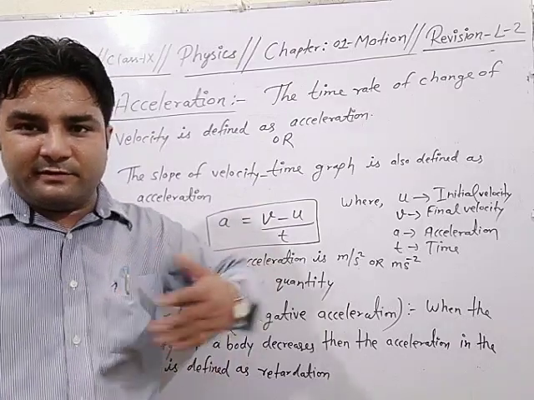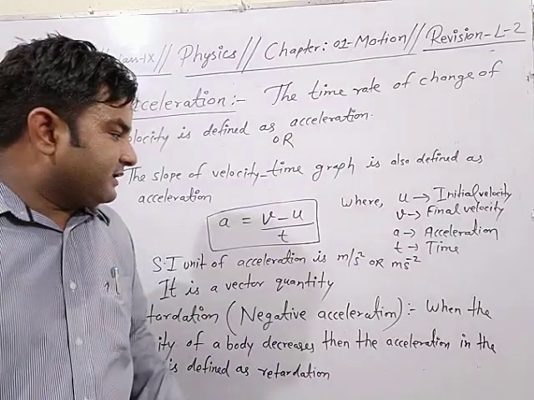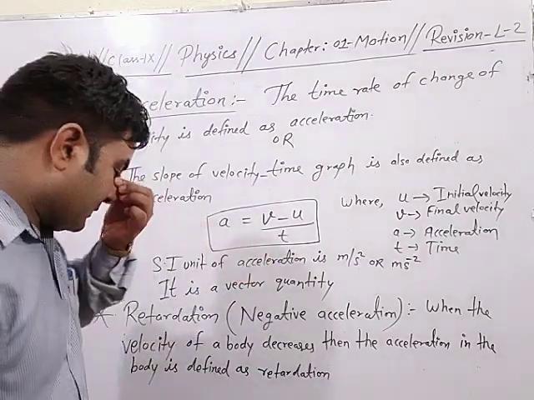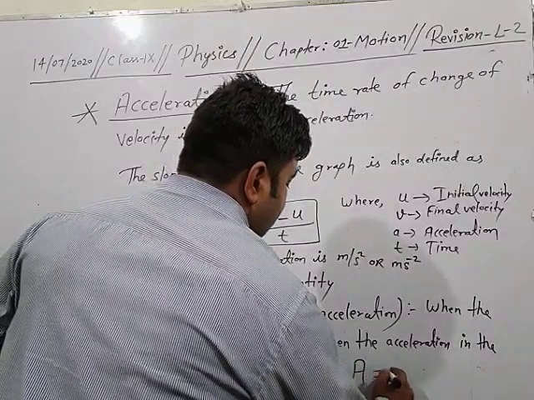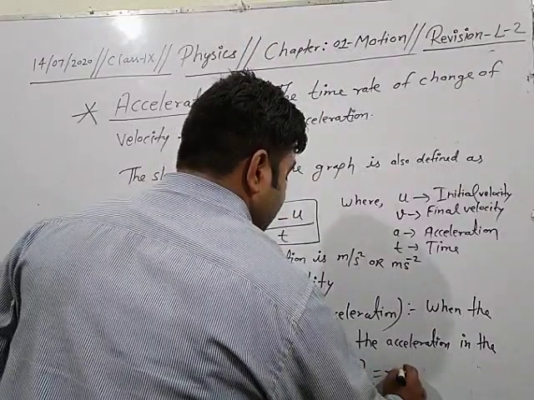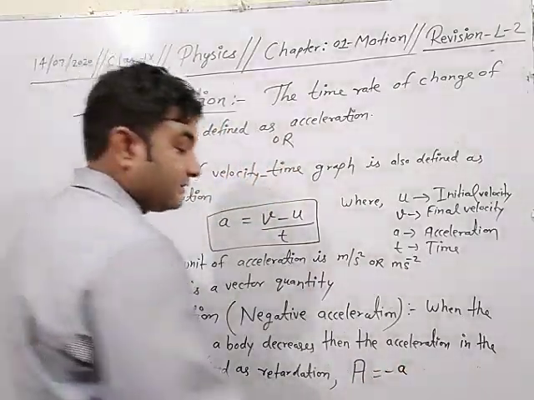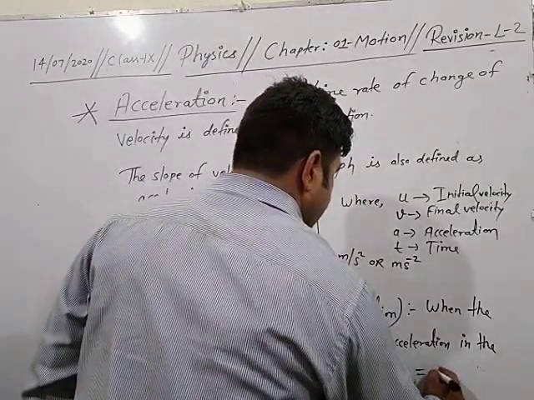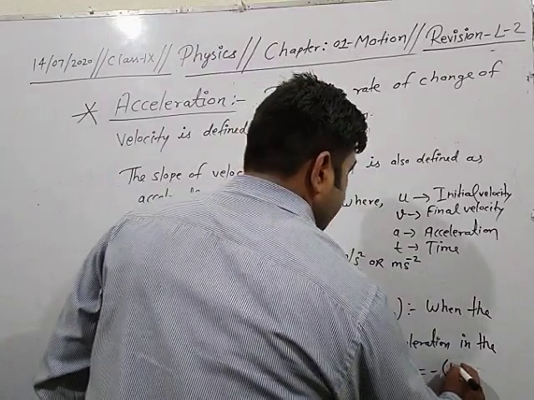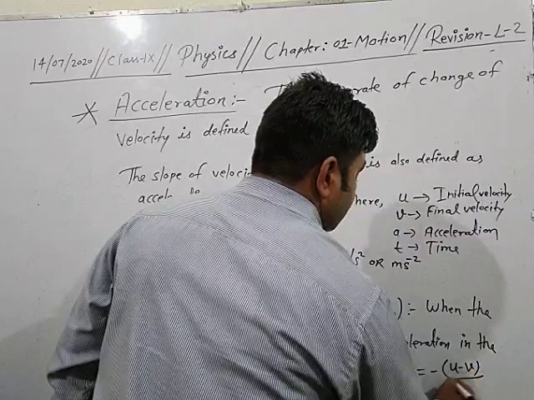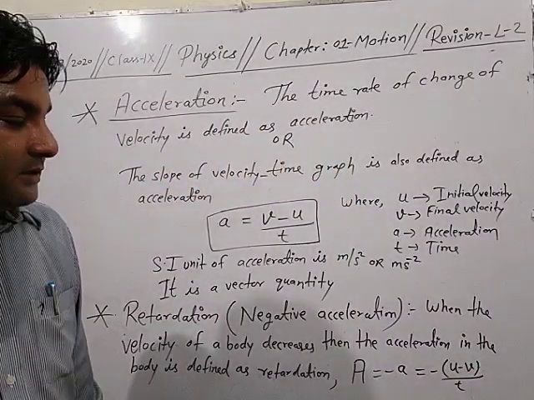The body may initially be moving with greater speed, and after applying brakes the speed decreases. Then when we take the minus sign, retardation a is equal to minus (u minus v) upon t. Very simple concept.